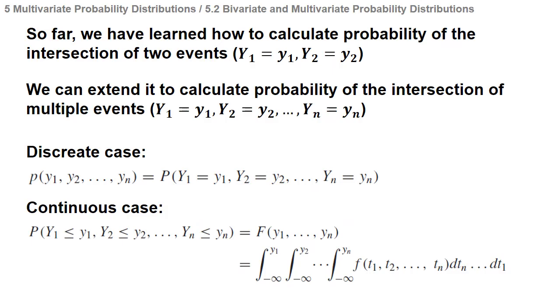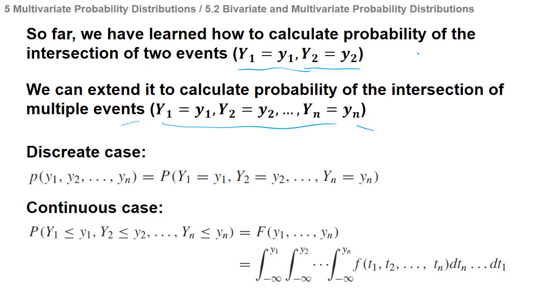So far we have learned how to calculate the probability of the intersection of two events, Y1 and Y2, for the discrete and continuous cases. We can extend it to calculate the probability of the intersection of multiple events. The theorems described in the slides can be extended to the intersection of multiple events.